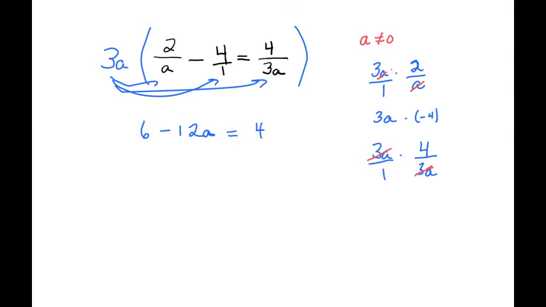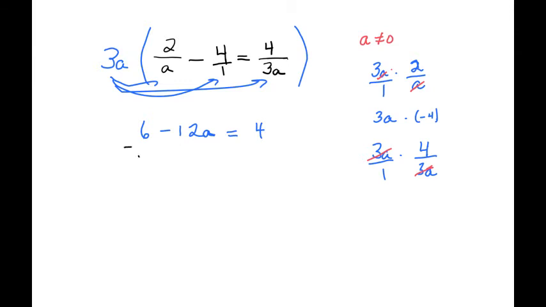Now notice, by multiplying that entire equation by the least common denominator of 3a, multiplying each term by 3a, I have changed the equation from something that looked rather complicated with fractions and variables in the denominator to just a straight two-step equation. So 6 minus 12a equals 4 is quite simple for you to solve, I know.